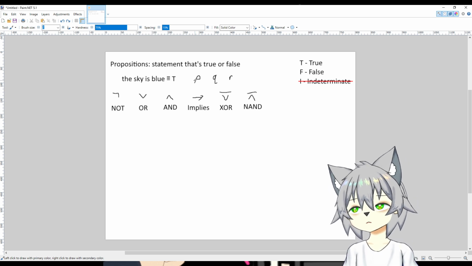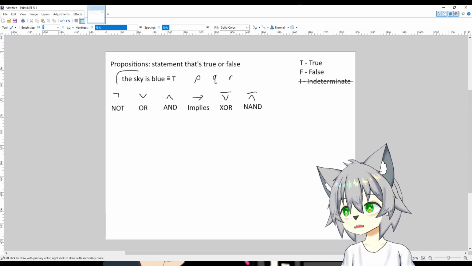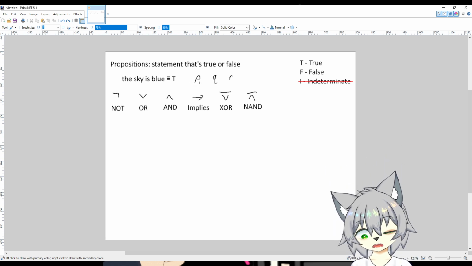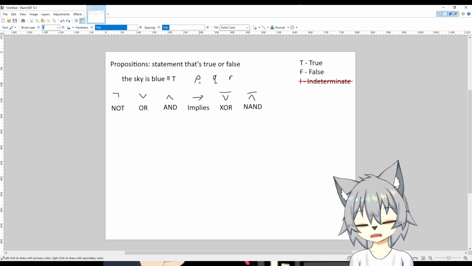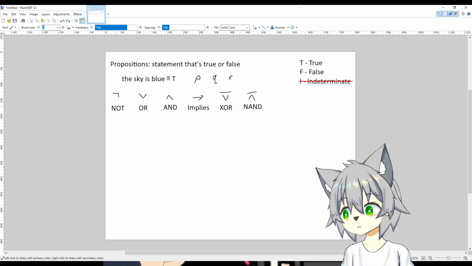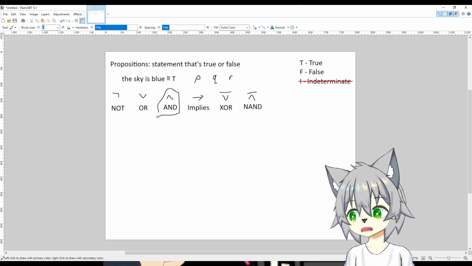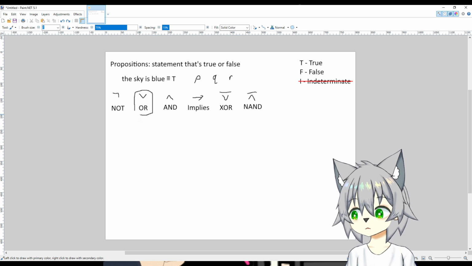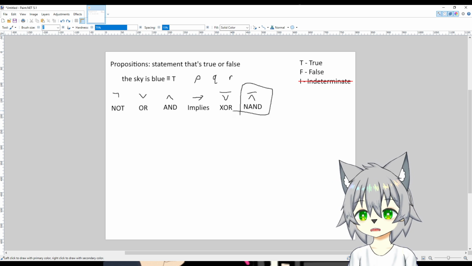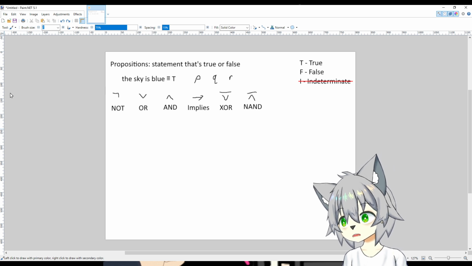We just care about its truth value, and we can represent the entire statement with one of these variables, a propositional variable, so that we can simplify it and do fun stuff with it. And of course, we have negation, conjunction with the and, disjunction with or, and exclusive disjunction, and I think you can fill in the rest with NAND.